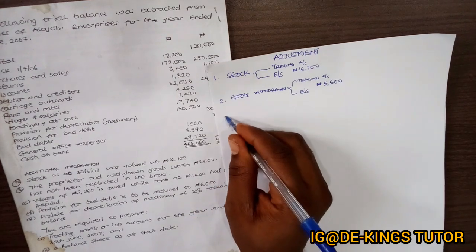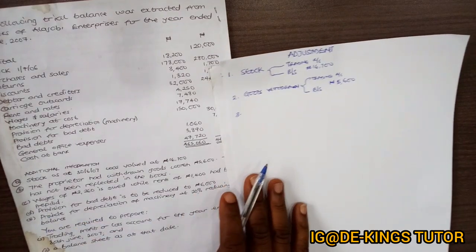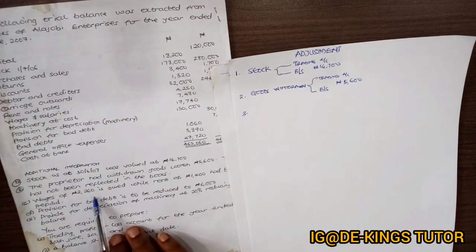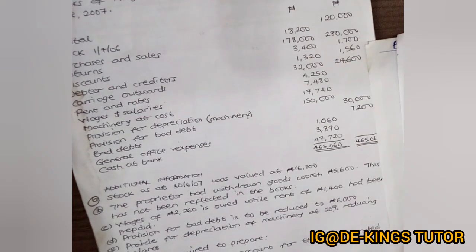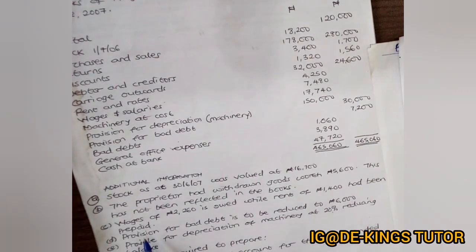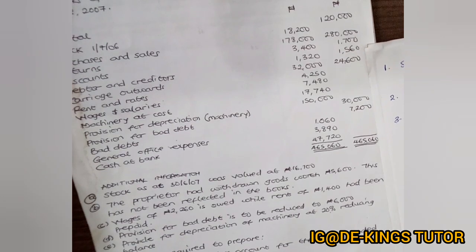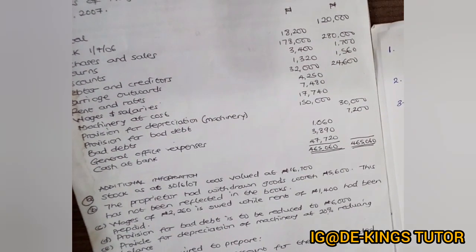So the third one says wages of 2,260 is owed, while rent of 1,400 had been prepaid. We did accrued and prepaid expenses. Please, if you have not seen that video, ensure you watch it up here or in my description.